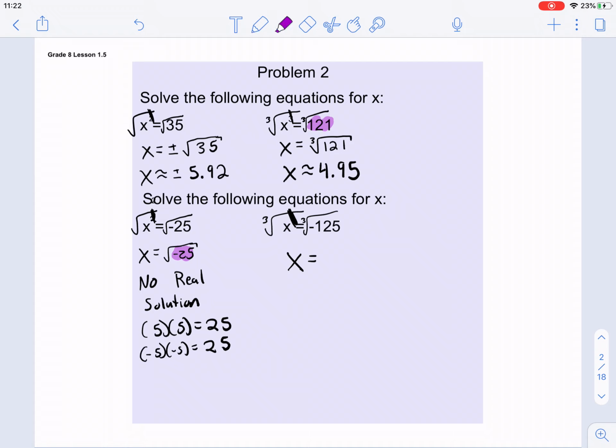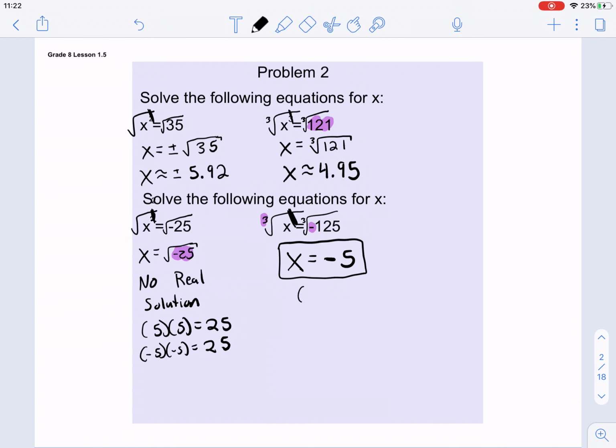When you're doing a root that's an odd number, this number can be negative. So since that number is negative, my answer is going to be negative. And the cube root of 125 is 5. So that means that x equals negative 5.